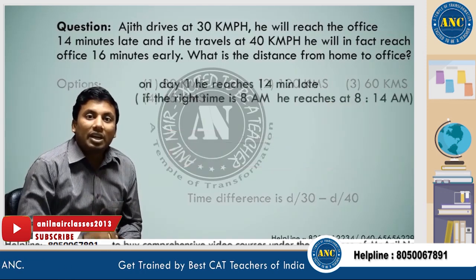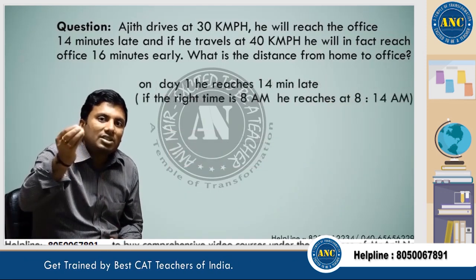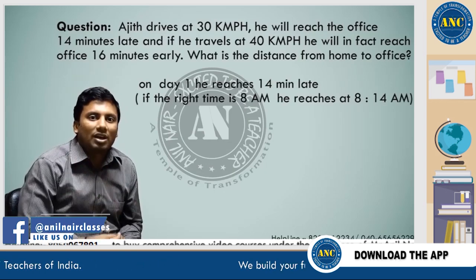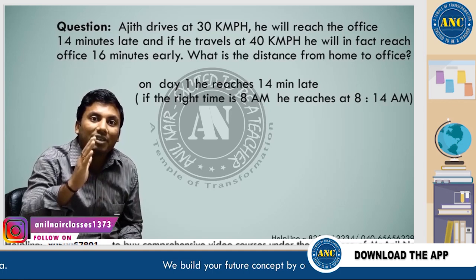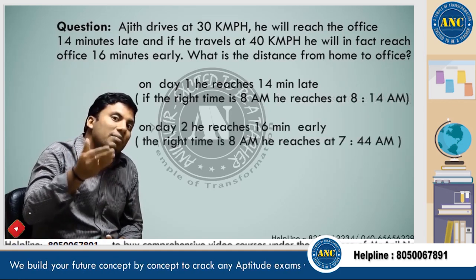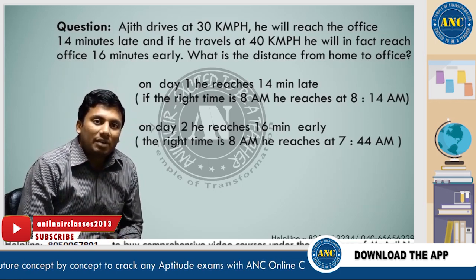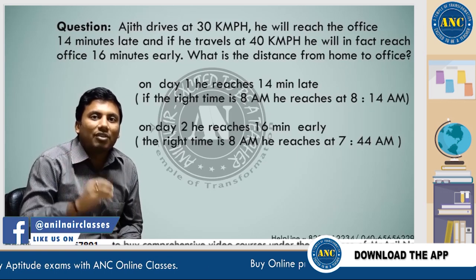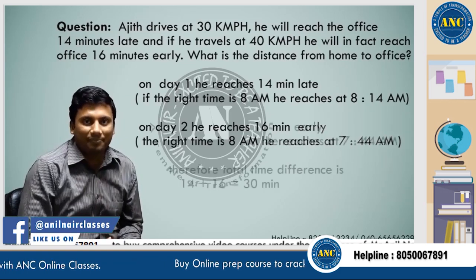On day 1, he reached the office 14 minutes late. That means if the office timing is 8 o'clock, he reached the office at 8:14. Next day, he reached the office 16 minutes early. 16 minutes early means instead of reaching office at 8 o'clock, he reached the office at 7:44.